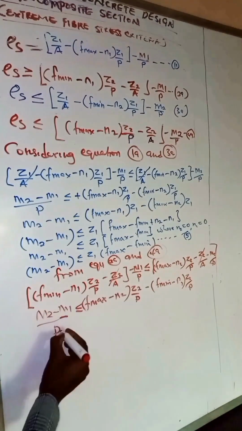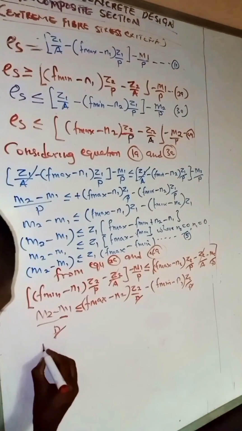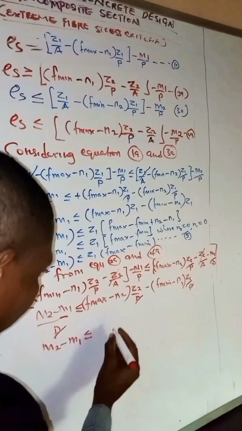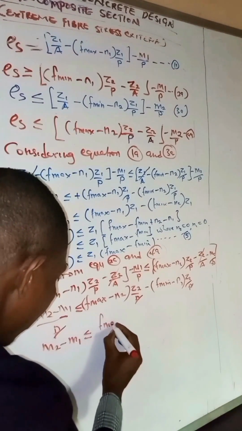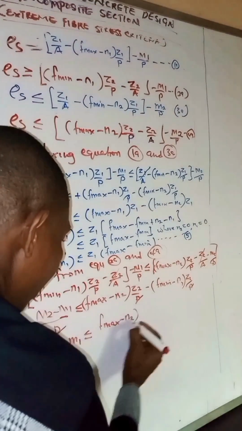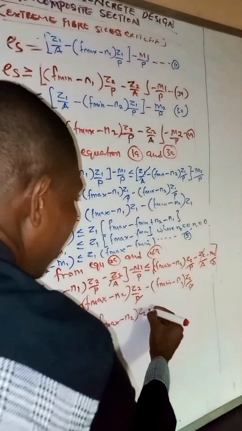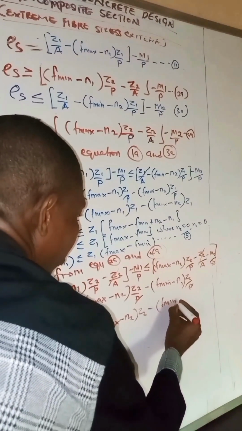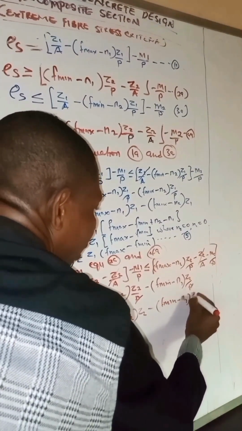Multiplying both sides by P, we'll have P striking P on both sides of the equation. So we're going to have M2 minus M1 less than F maximum minus N2, bracket Z2, minus F minimum minus N1, Z2.